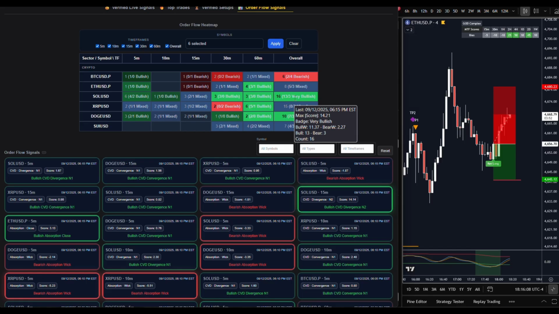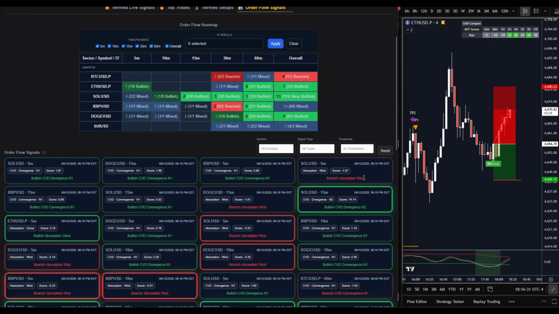The max score 14.21. Score of these order flow signals is determined by the statistical relevance of the individual signal itself. For example, if we go down here, bearish absorption wick with a score of negative 1.87. The higher the number, the more absorption there was. So in this case, bearish absorption wick is a high positive delta or a high amount of market buys in the wick of the candle, and then it closes below all those market buys, creating a bearish absorption wick.